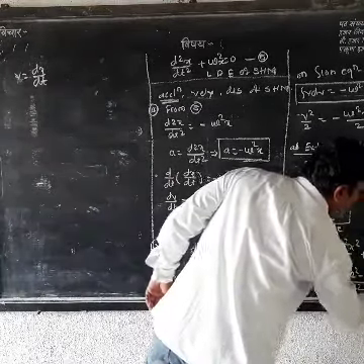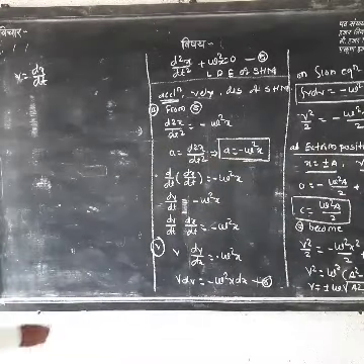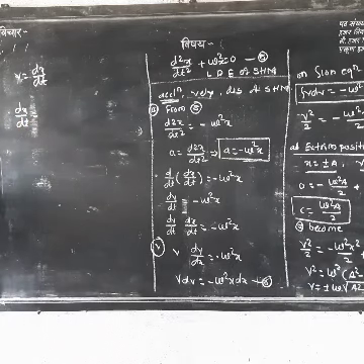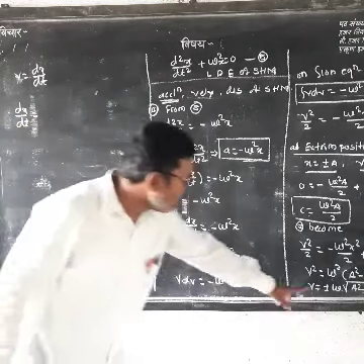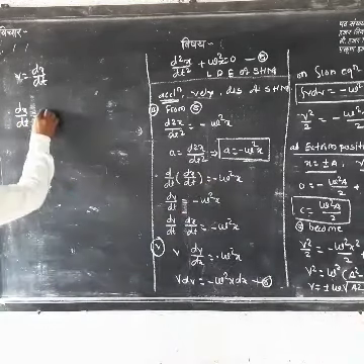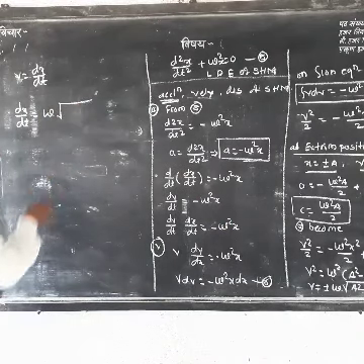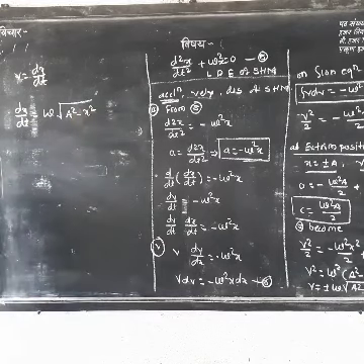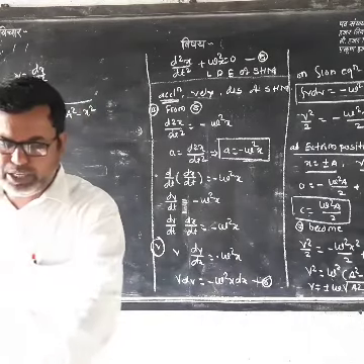Equation number 8 becomes dx upon dt is equal to omega into under root of a square minus x square.